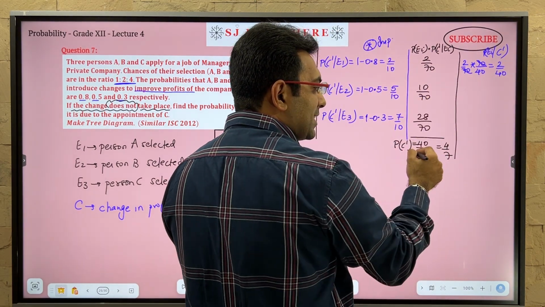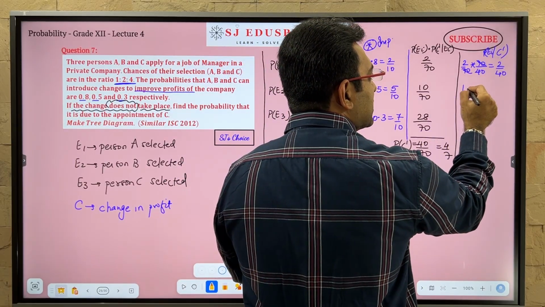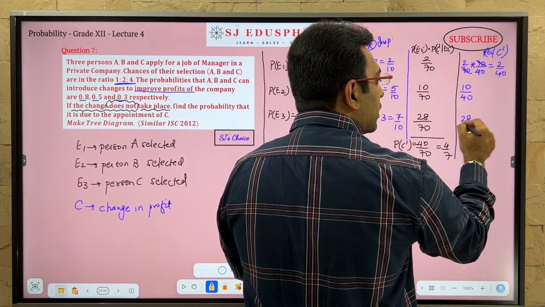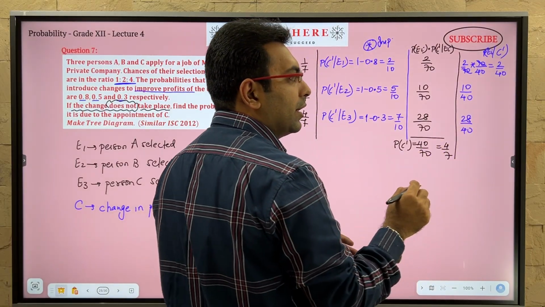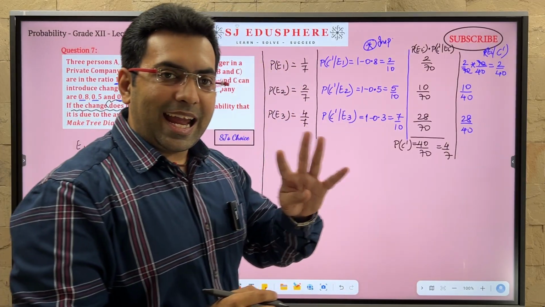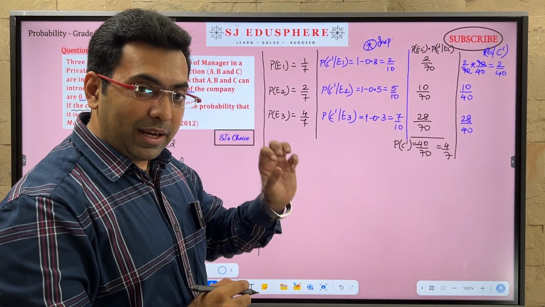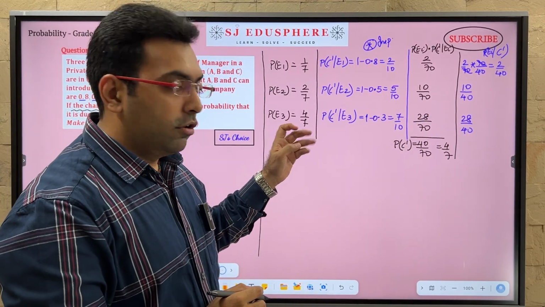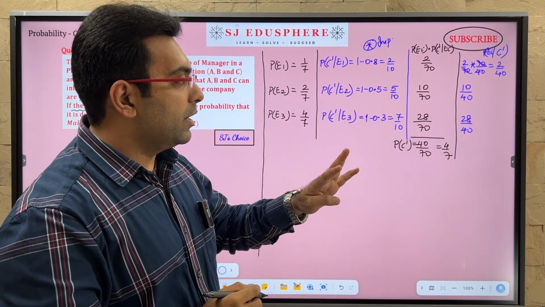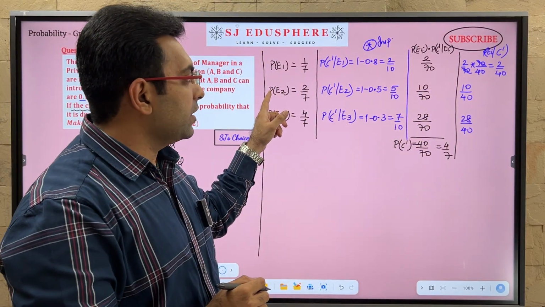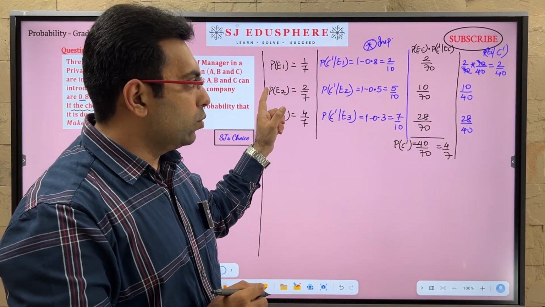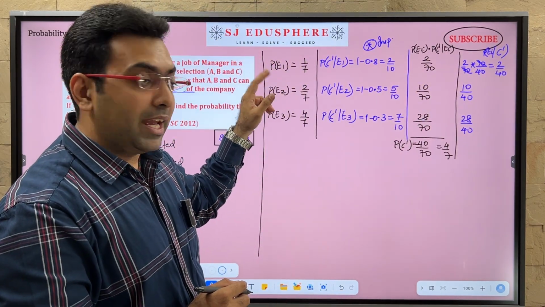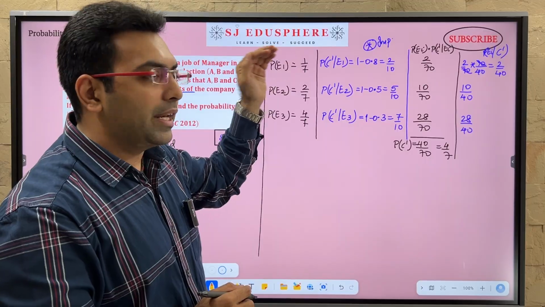This will be 10 by 70 divided by 40 by 70 is 10 by 40, and this over here is 28 by 40. That means 40 times when change does not take place, 28 times is because of person C. 40 times when there is no improvement in profit, 10 times is because of E2, and 2 times the change does not take place because of person A. So you know who your company should hire.